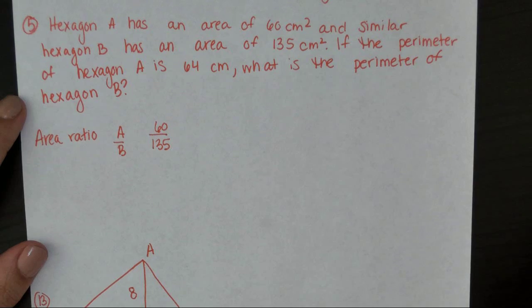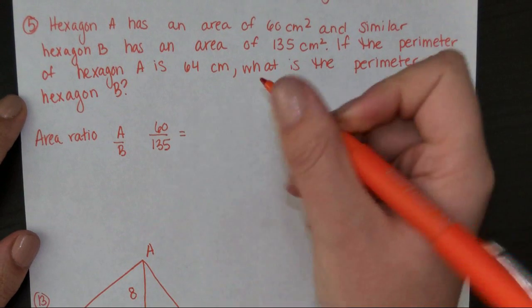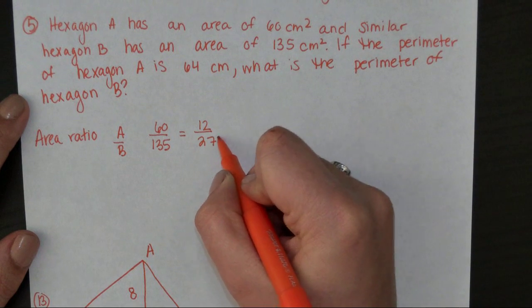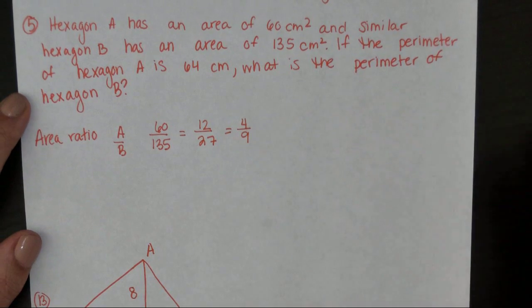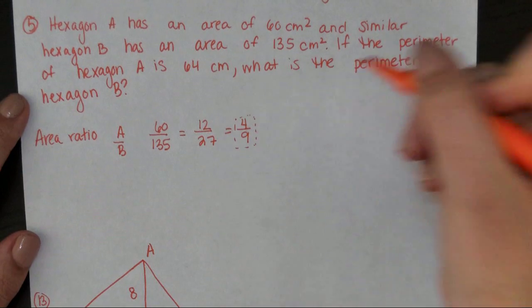Okay. First thing that we need to do is reduce this ratio. So that's going to go to 12 and 27, which will go to 4 and 9. Okay, so 4/9 is our area ratio.